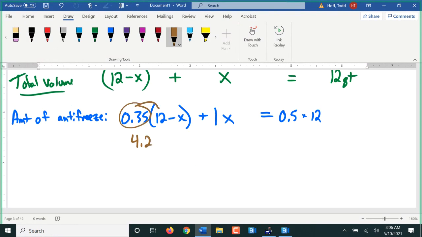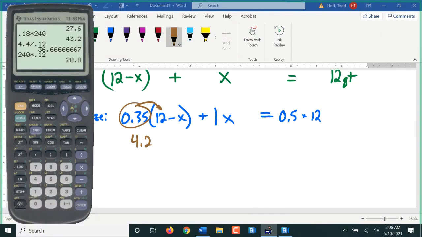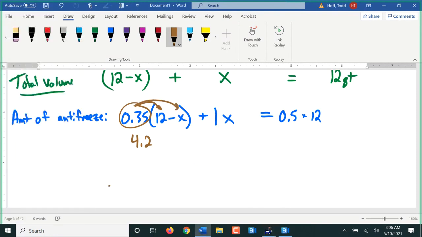So I'm going to do the 0.35 times 12, which I believe is 4.2. 0.35 times negative X is a negative 0.35X. We'll have plus the 1X, or just X if we wanted to.